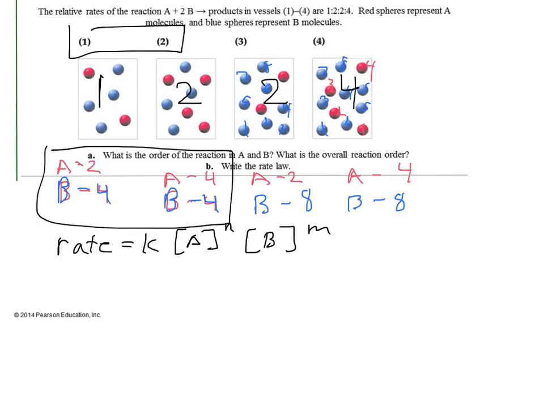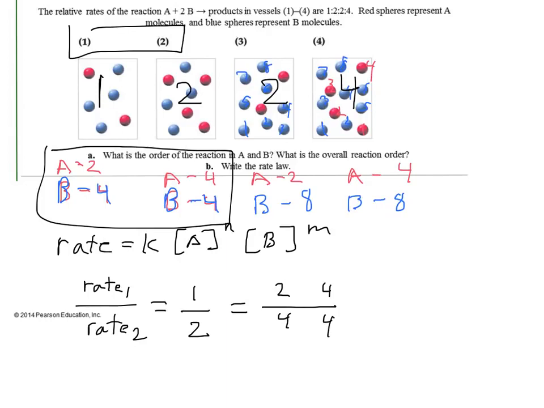So our rates, I'm going to go 1 to 2. So I've got 1 to 2 as the ratio of my rates. My concentration of A is 2 in the top equation. My concentration of A is 4 in the bottom. And I've got my B's, which are 4 and cancel out.